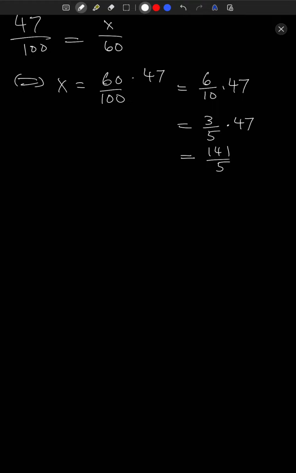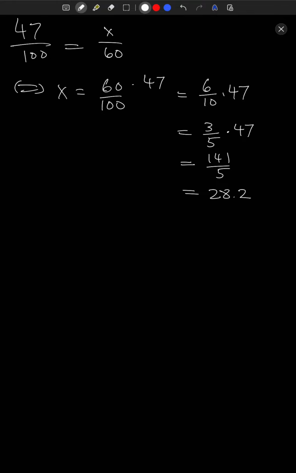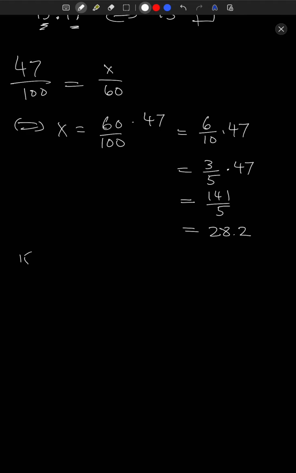And here's a problem, right? So this is not a whole number. If we actually calculated this, this is going to be 28.2. All right. So what did we conclude? We concluded that 15.47 degrees is 15 degrees and 28.2 minutes.